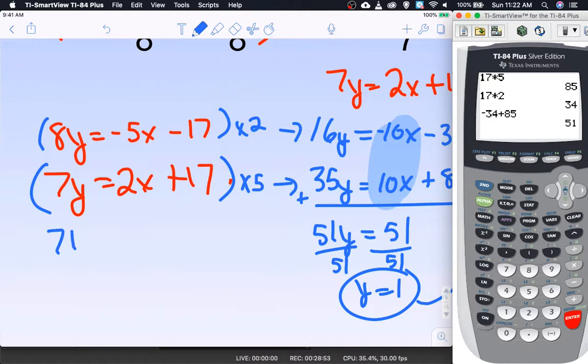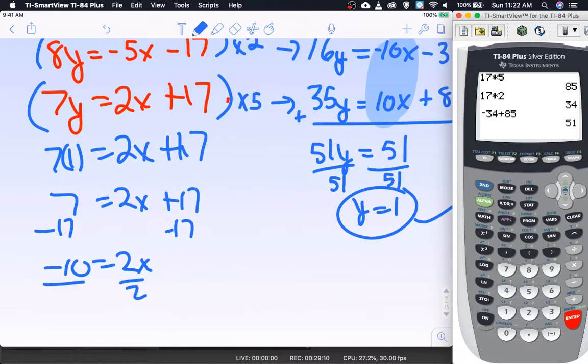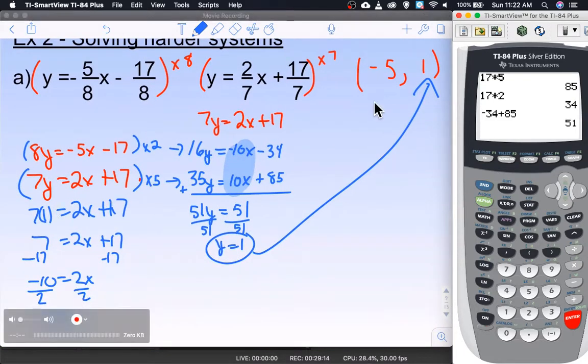If I plug in 1 for my y variable and solve this equation, I should get x equals negative 5. There's 7 equals 2x plus 17. I'm going to minus 17 on both sides. That gives me negative 10 equals 2x. When you divide by 2 on both sides, x equals negative 5. And that's the x value we got up here.